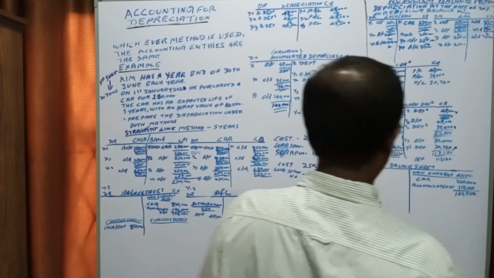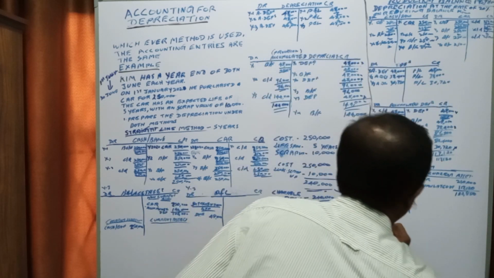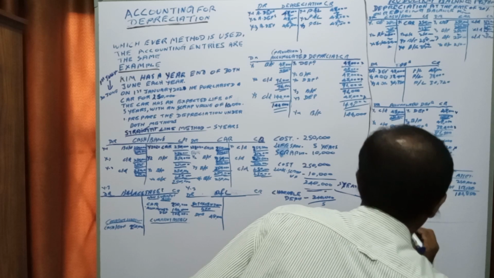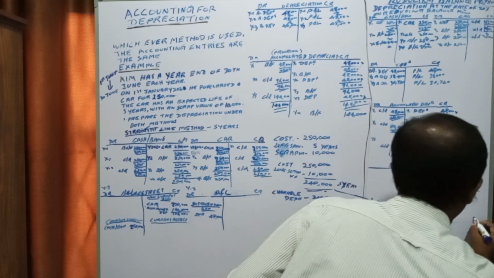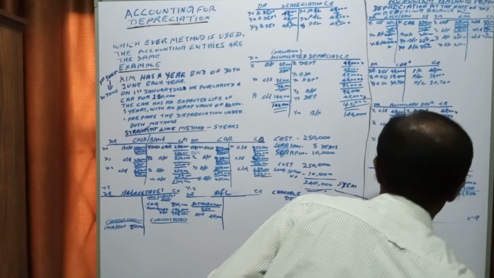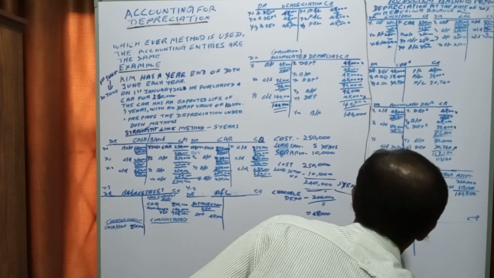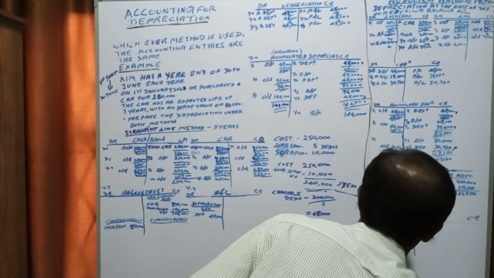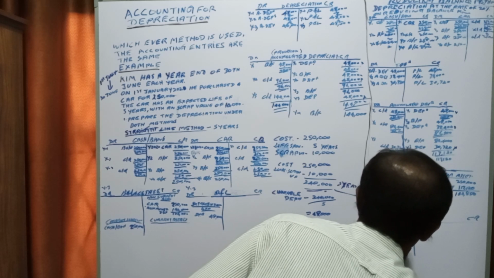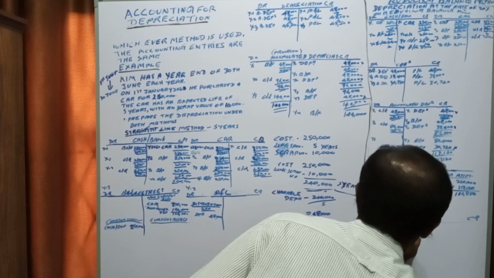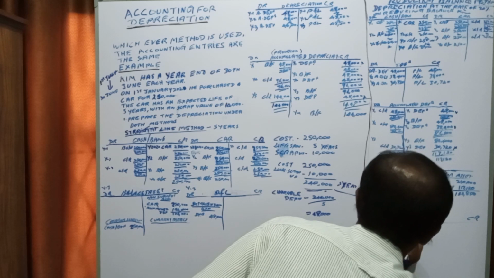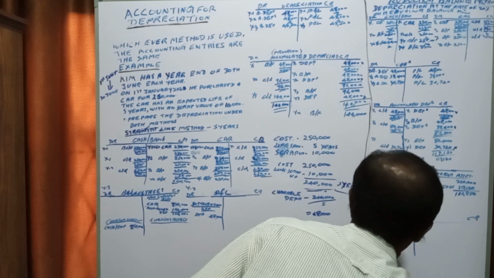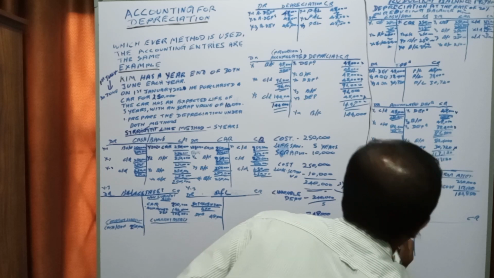Okay, and another, the profit and loss account, debit and credit. It is shown under distribution expenses.